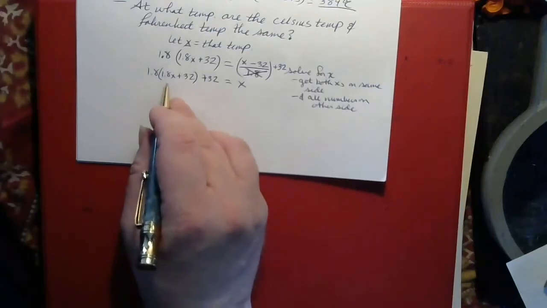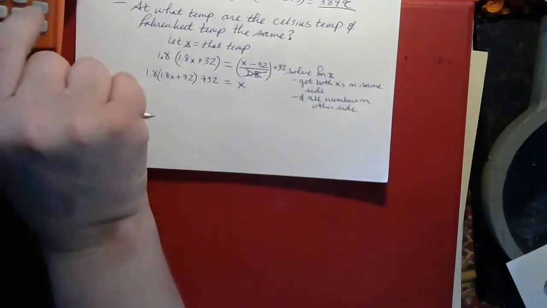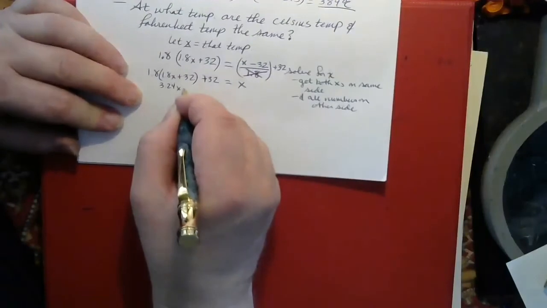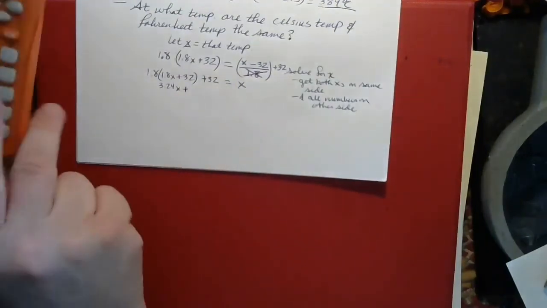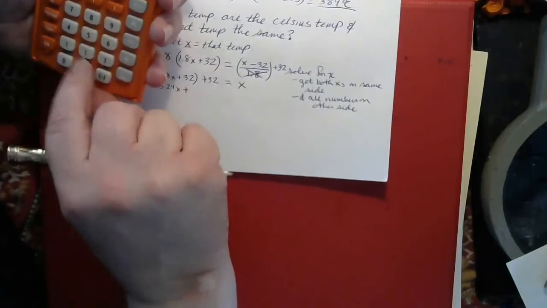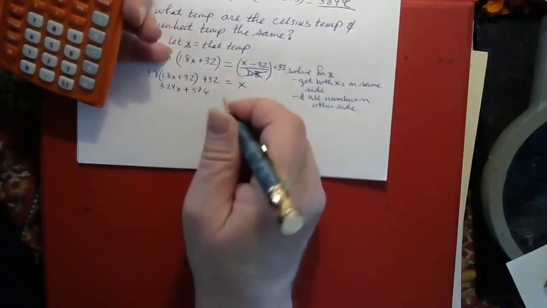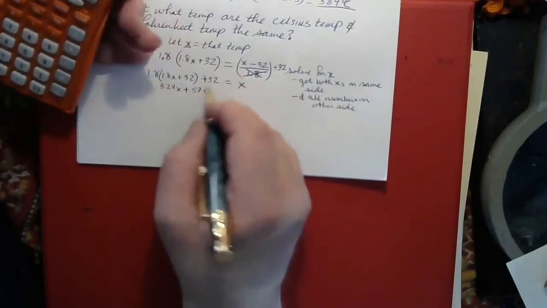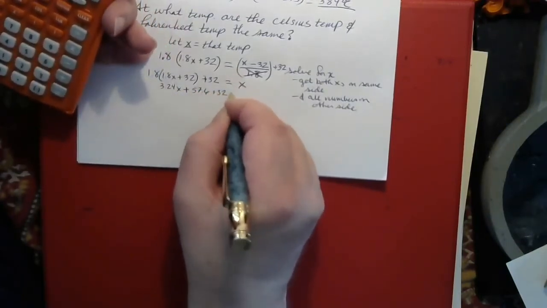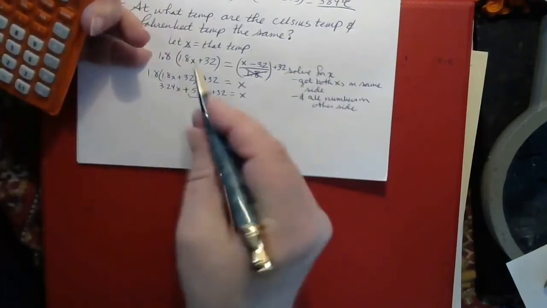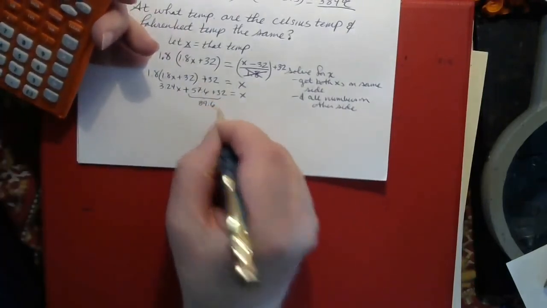So let's see, 1.8 times 1.8 is 3.24. So that's 3.24x plus 1.8 times 32. That's plus 57.6 plus 32 equals x. 57.6 plus 32 is 89.6.